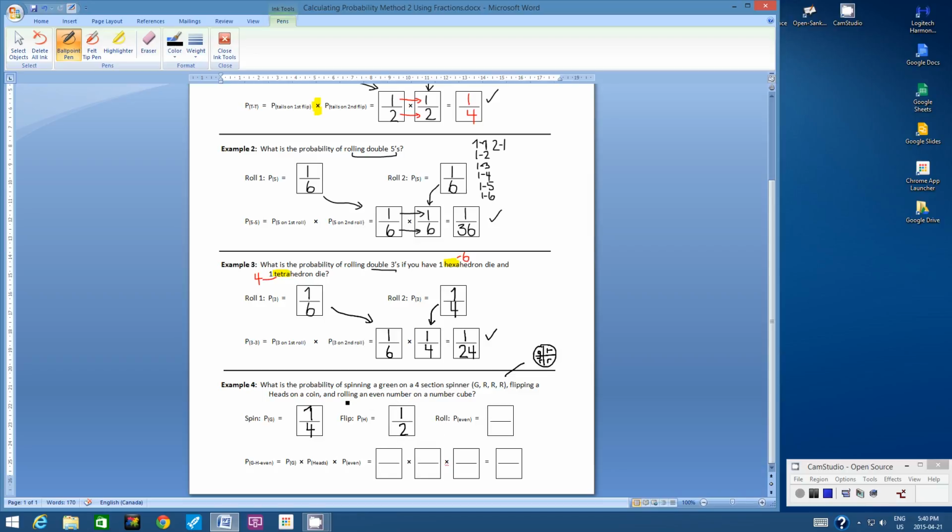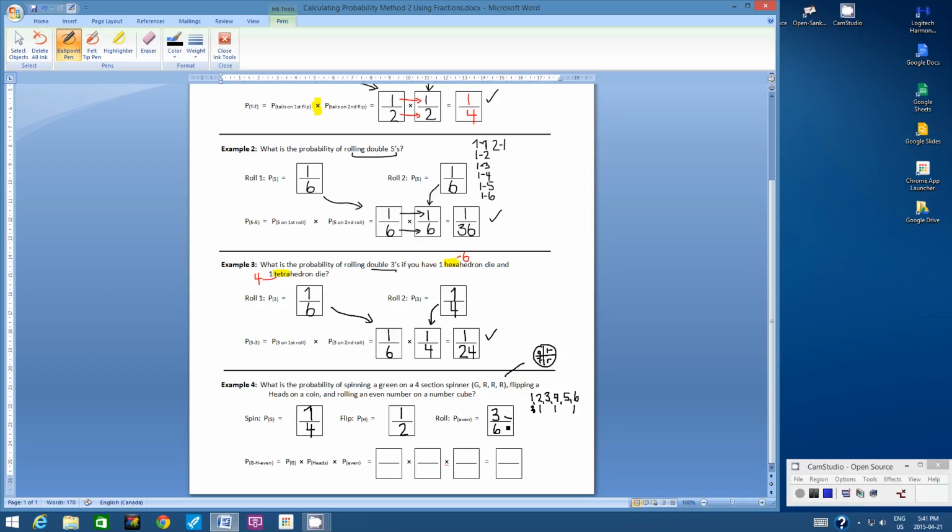Now let's go to the third event, rolling an even number on a number cube. So remember, a number cube has the numbers 1 to 6. So how many of these are even? Okay, oops, sorry, not the 1, 2, 4, 6. Okay, so we have 3 favorable events over 6 possible events.